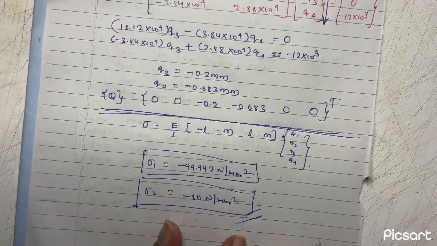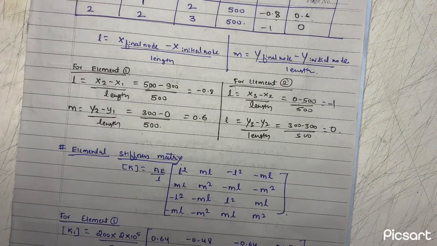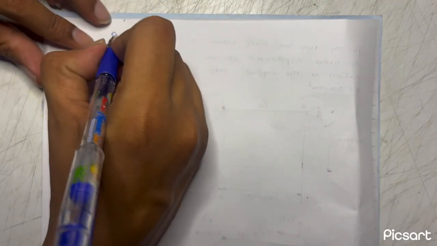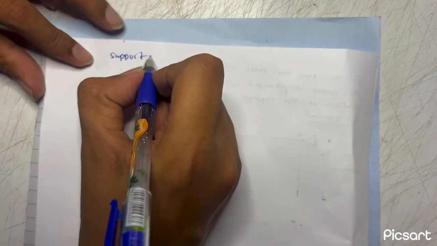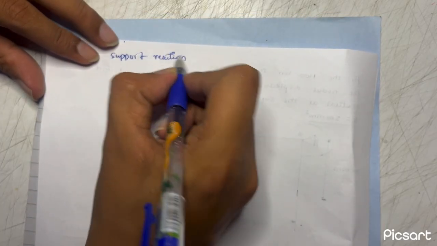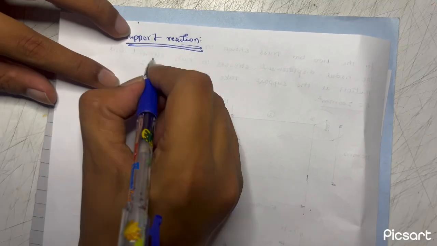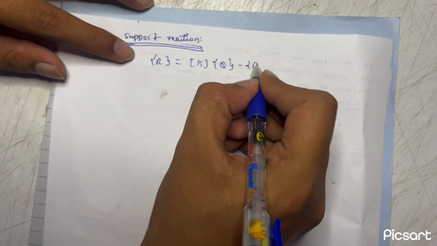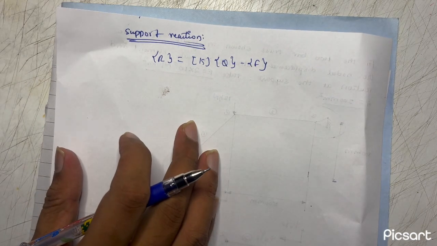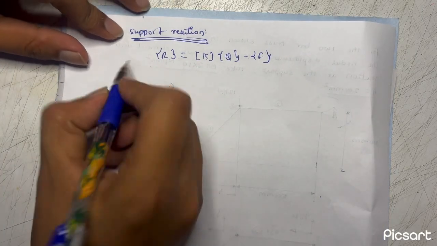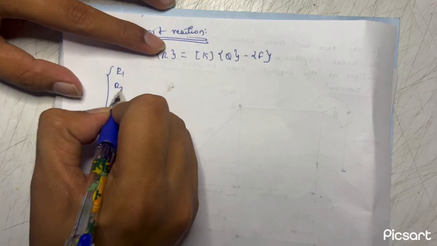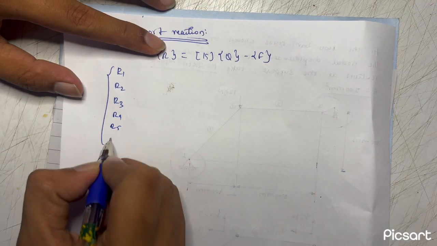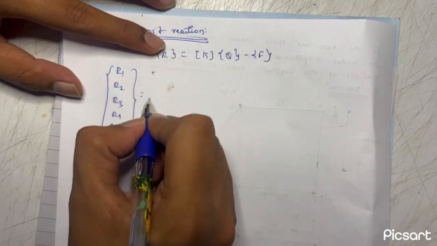Okay, now the last one, we have to calculate the support reaction. For support reaction, we have the formula R is equal to K Q minus F. So here first we have to write R1, R2, R3, R4, R5, R6, and K is first outside.